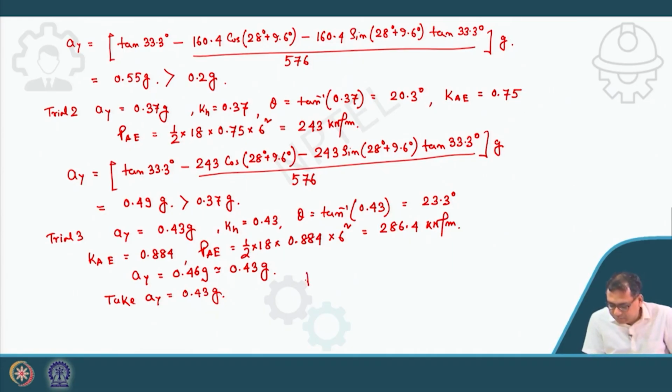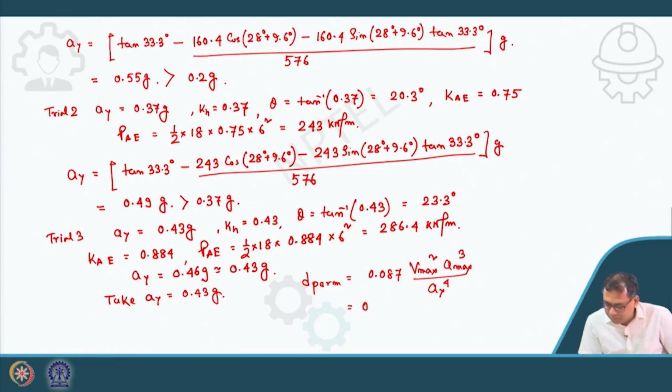So, I can calculate D permanent, that is equal to 0.087 V max square A max to the power 3 divided by AY to the power 4.